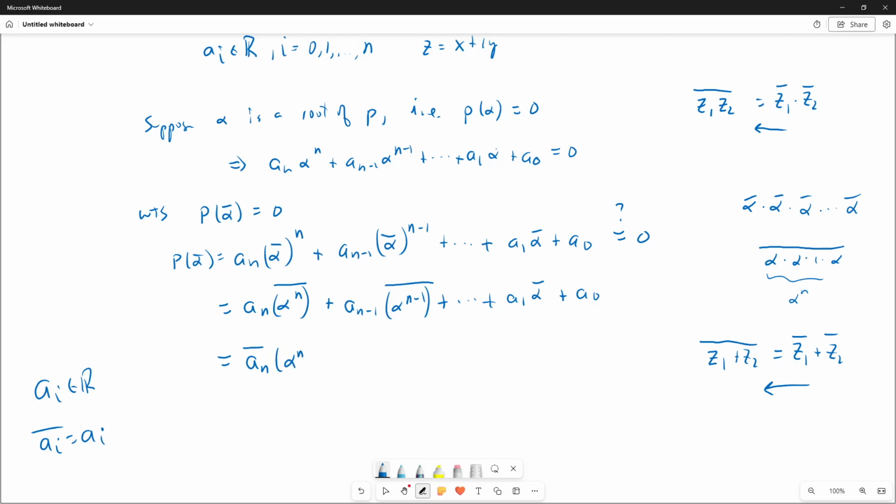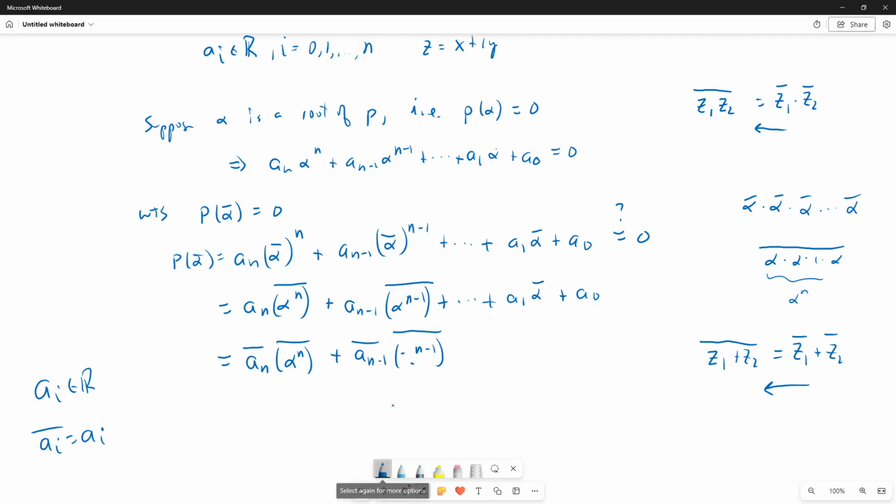Let's do that. So all of these coefficients can be written with the conjugate bar on the top. A1 conjugate, alpha conjugate, A0 conjugate.